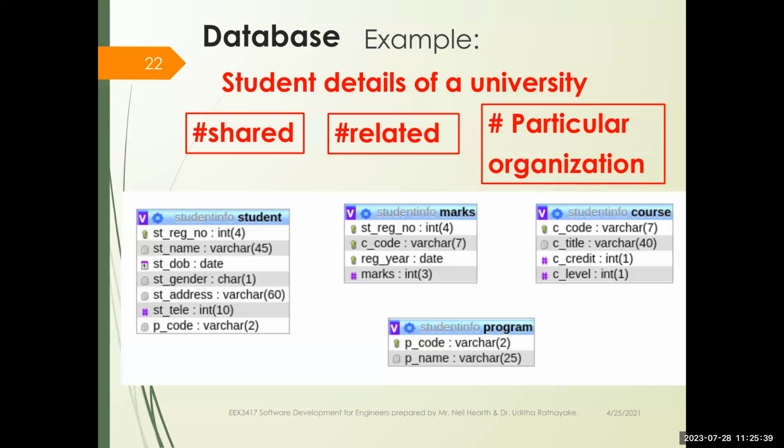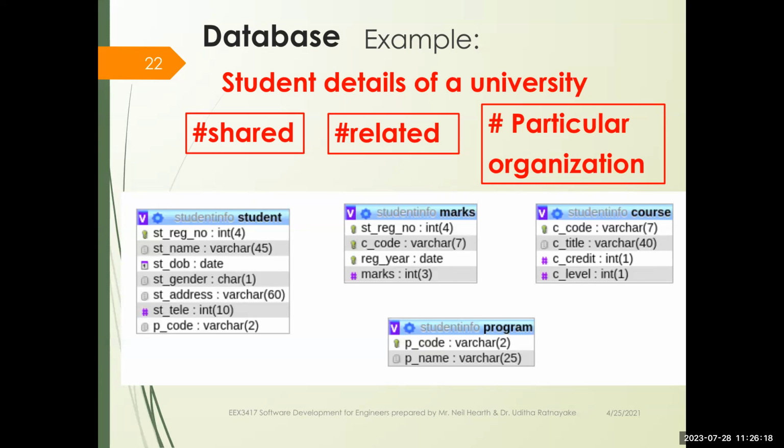So for every name it allocates a length of 45. If we made it 200, each student name would have a length of 200. That may not be necessary, and computer resources may be utilized unnecessarily.